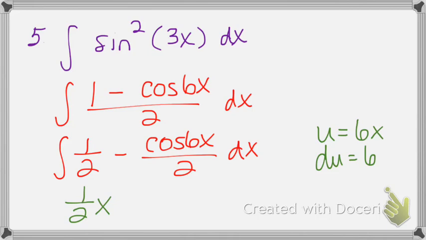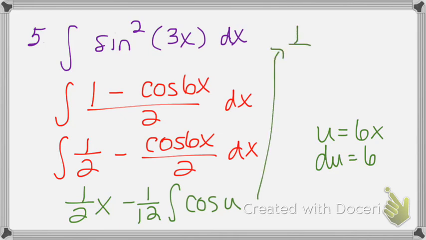So if I multiply by the 1/6 and also take that 1/2 on the outside, this is negative 1/12 times the integral of cosine of u. I'll come back up to the top here. So I have 1/2 x. The integral of cosine is sine. So minus 1/12 sine of u plus c.